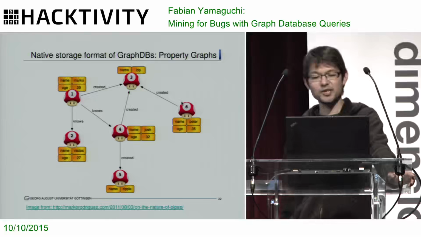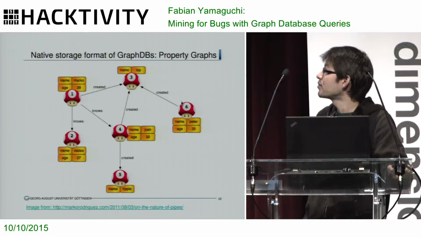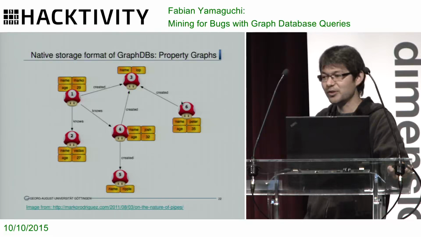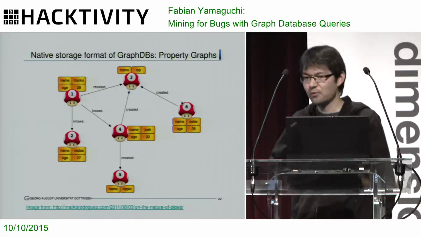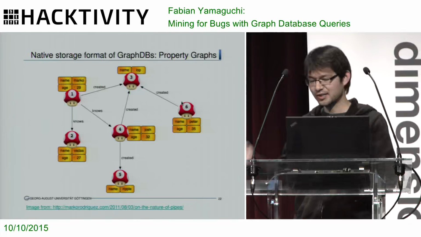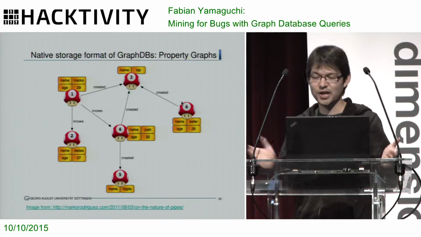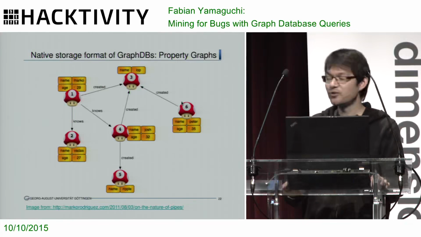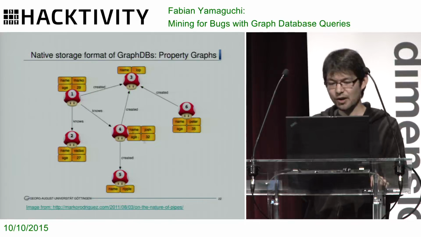Okay, so graph databases, they don't use tables as their native storage format, but instead they use what is called a property graph. And a property graph is really just a graph where you can attach dictionaries to the nodes, like Python dictionaries or hashes if you like, and you can put labels on the edges. That's it. Right? So here's an example.